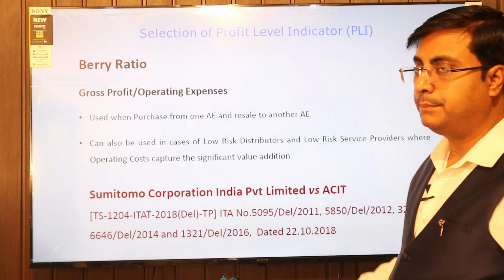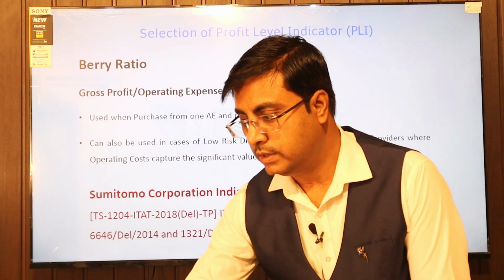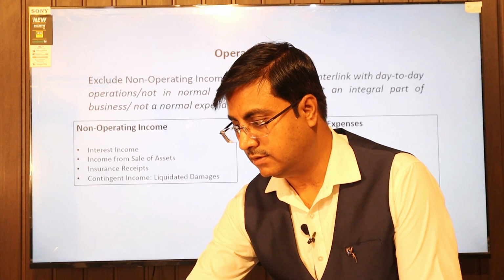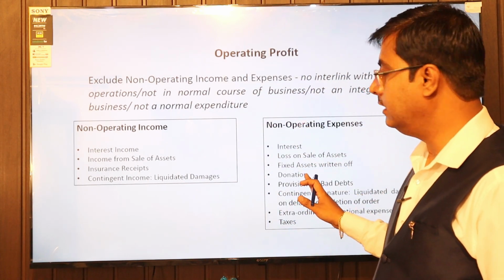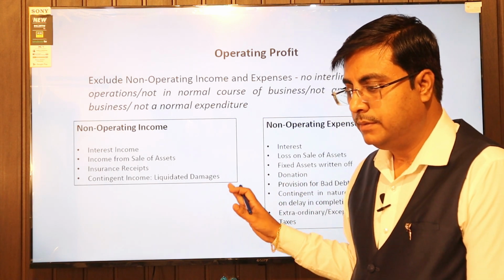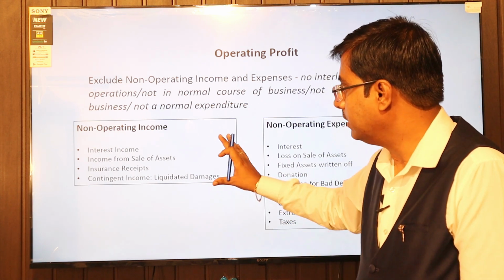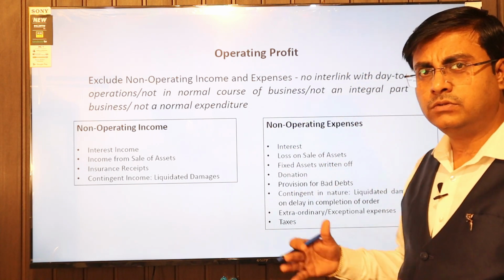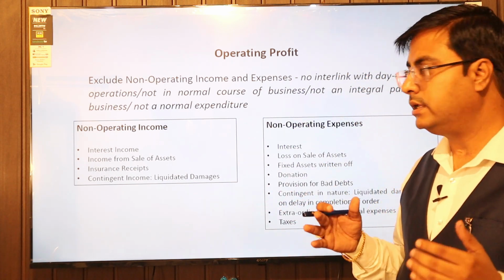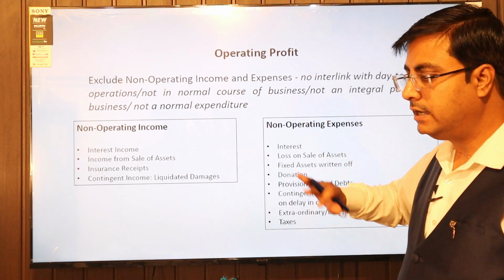They have given that Berry ratio we can also test for arm's length price determination. This is a profit level indicator, PLI. We have to do some adjustment in respect of non-operating income, because this is not routine in nature. We have to eliminate that effect.